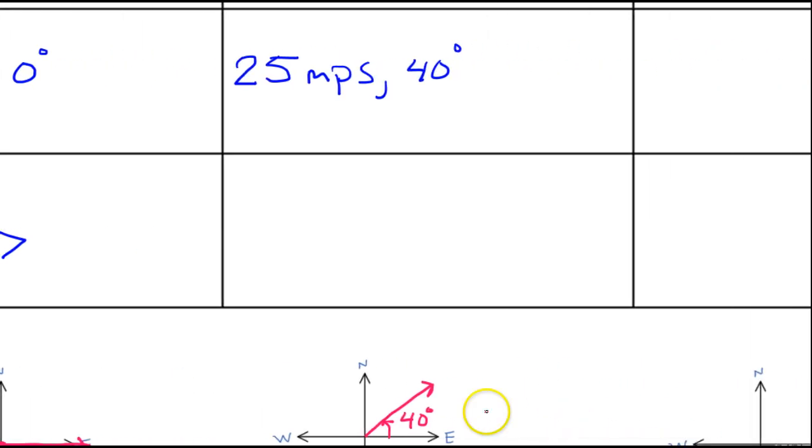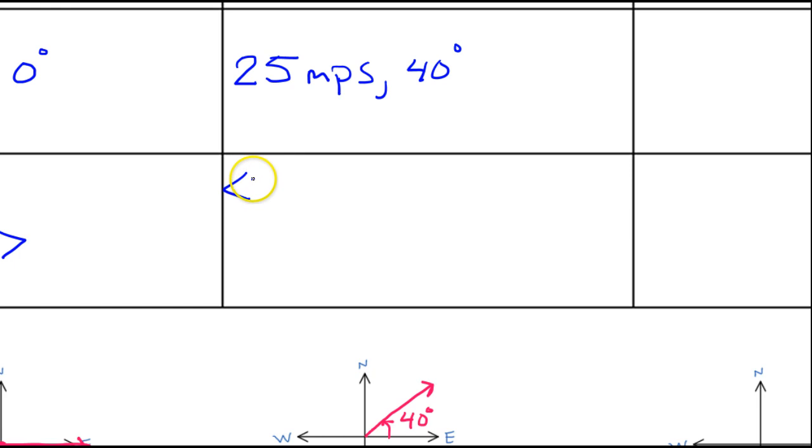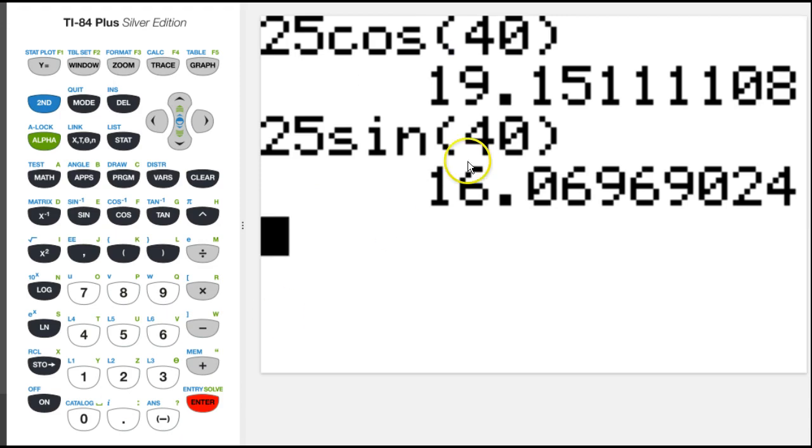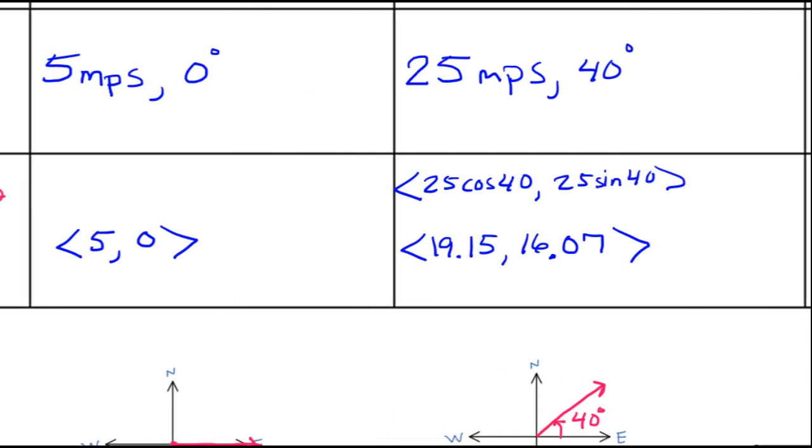So that's what I will do right here. So our cosine theta would be 25 cosine 40, and our sine theta would be 25 sine 40. And you just put this in your calculator. So the horizontal component is 19.15 and the vertical component is 16.07. So I'll just go ahead and record that on my chart.